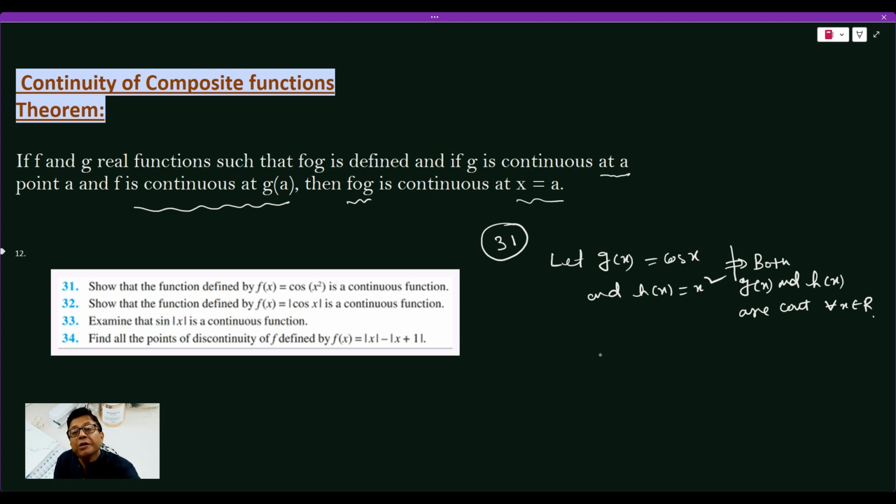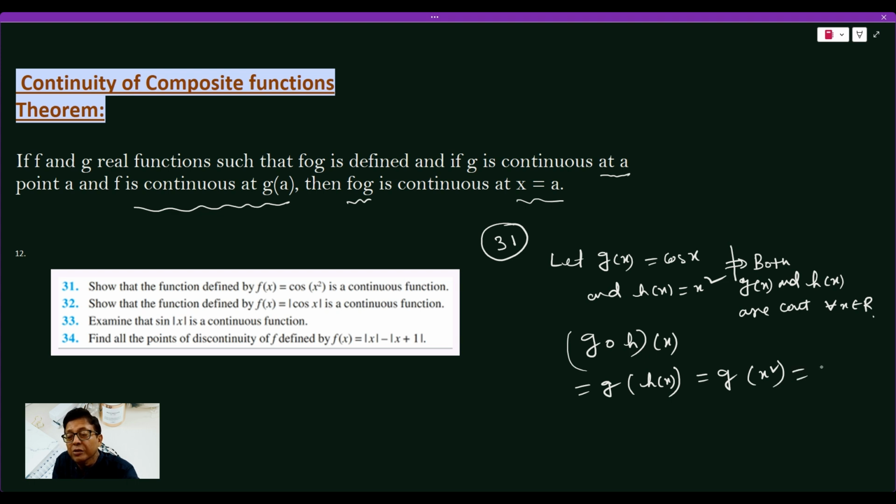Now, g compose h(x), let us calculate that. g compose h(x) will be what? This is nothing but g of h(x), which is g of x square.